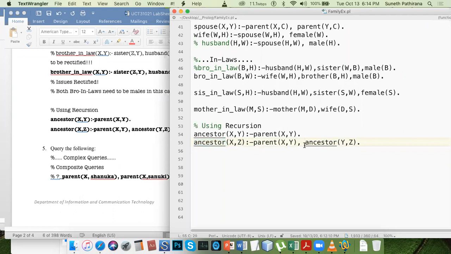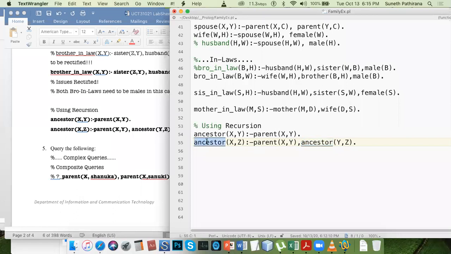So what is the other condition? The comma corresponds to the AND operation in Prolog coding. On one hand, X is an ancestor of Z, the third person, while X is the parent of Y, and here is the recursion, the same function.